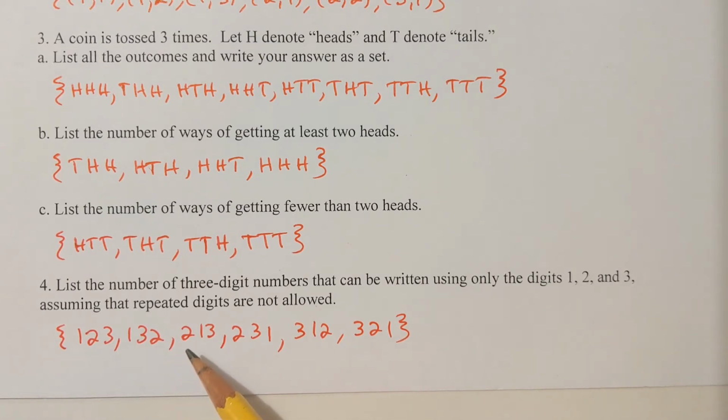Okay, and then move on to if you have a 2 first, so 2, 1, 3, 2, 3, 1. And then if you have a 3 first, you can go 3, 1, 2, or 3, 2, 1. Okay, and that'd be all the values for if I'm only using the digits 1, 2, or 3.